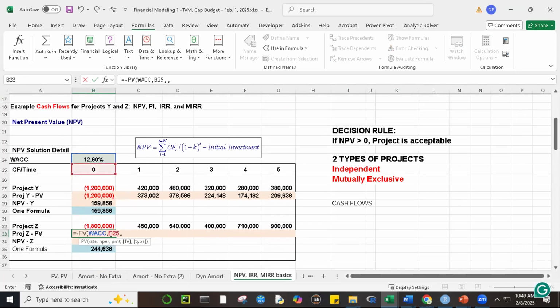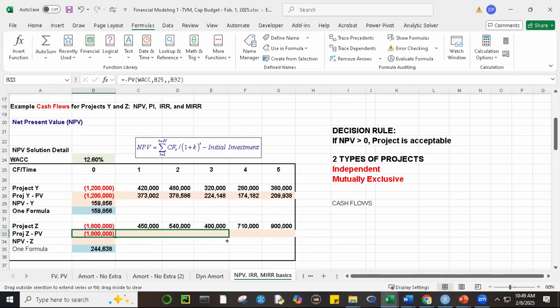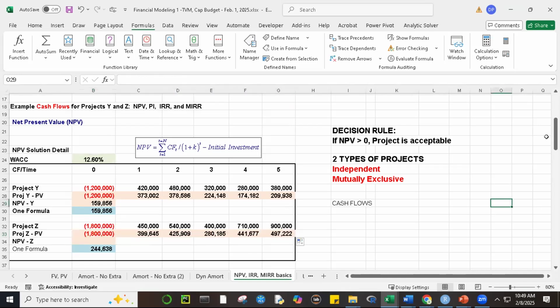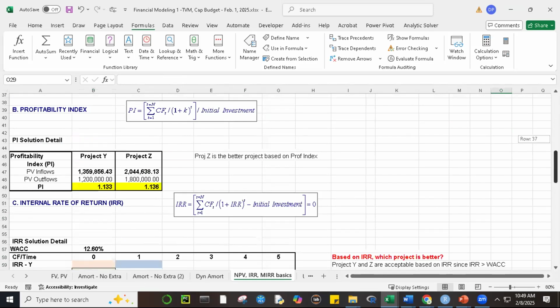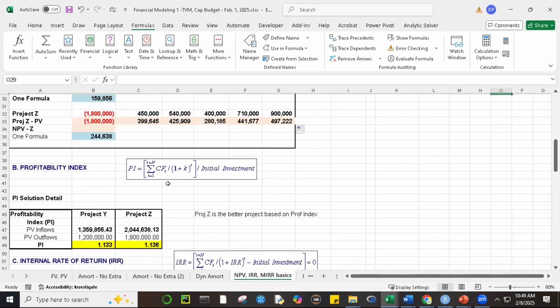And no PMT, the future value is this one. Okay. Control Enter. And then the sum of the present value of our cash inflows will be 2044 and then divided by 1.8.